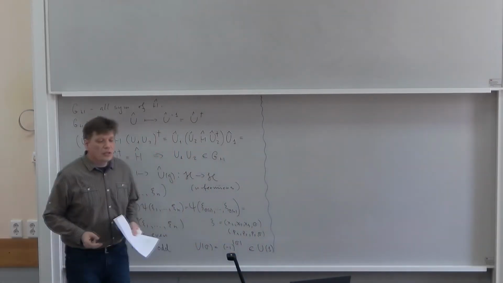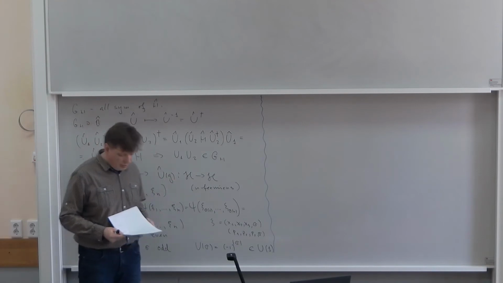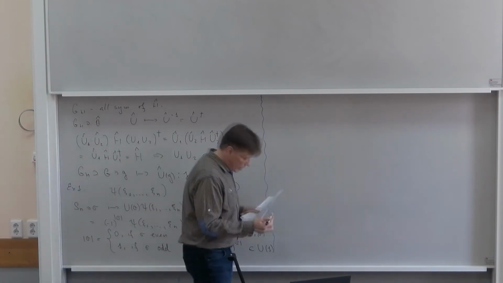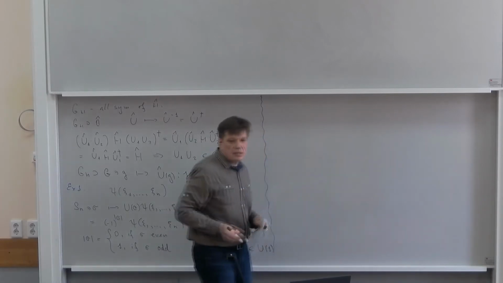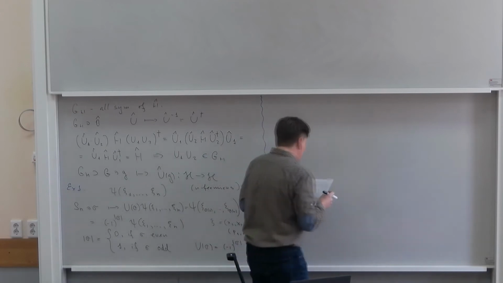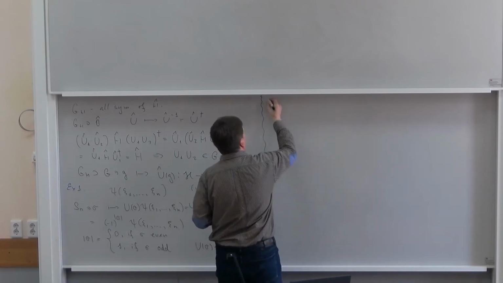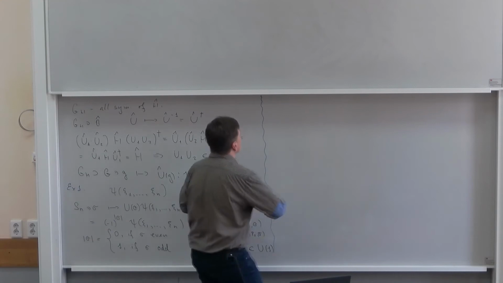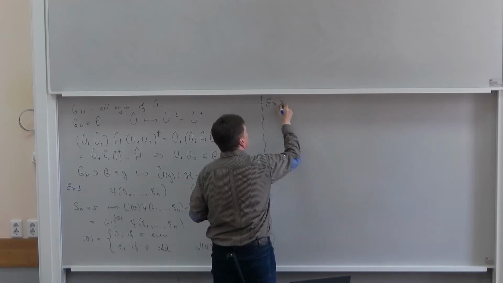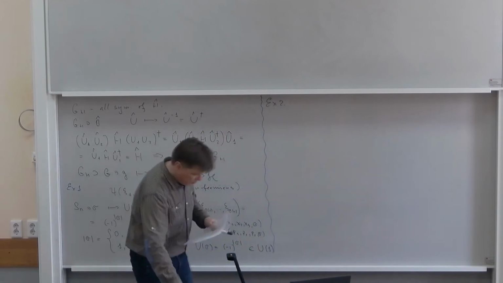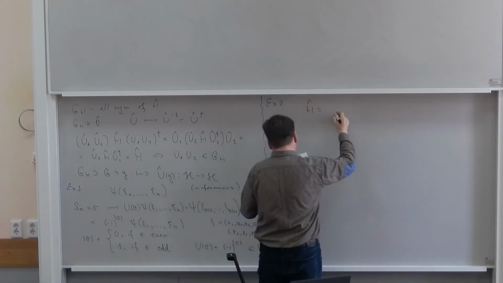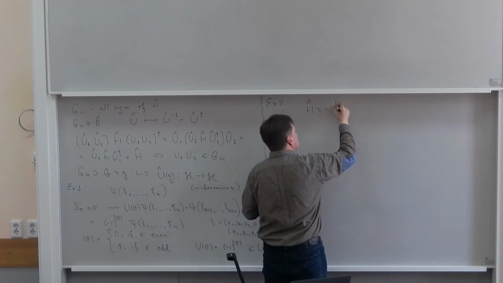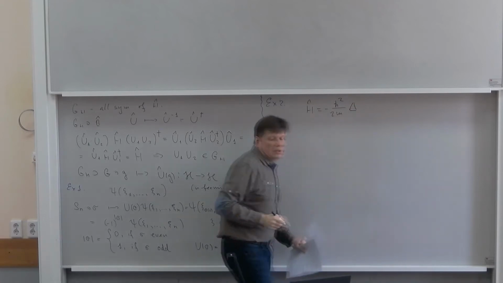Okay, let us continue the review of our examples. As a second example, let us consider a free scalar particle, with a Hamiltonian H given by minus h-bar squared over 2m times the Laplacian operator.